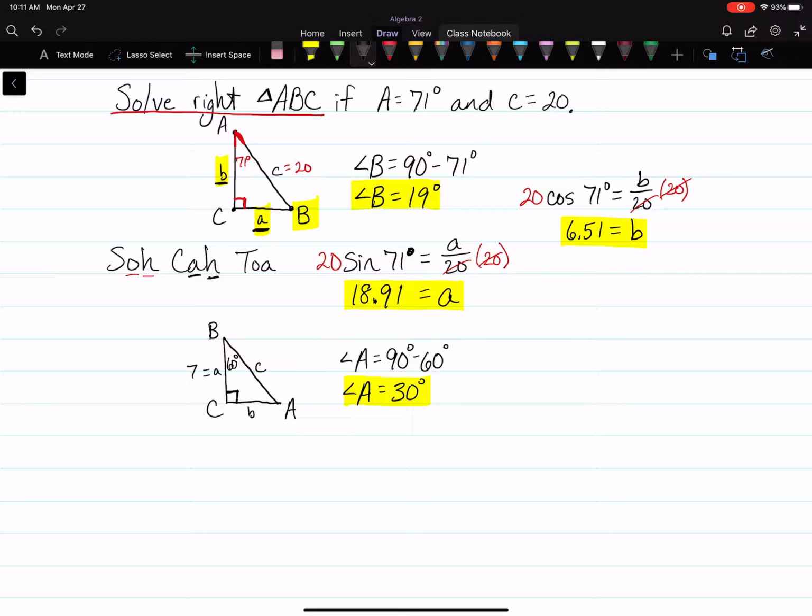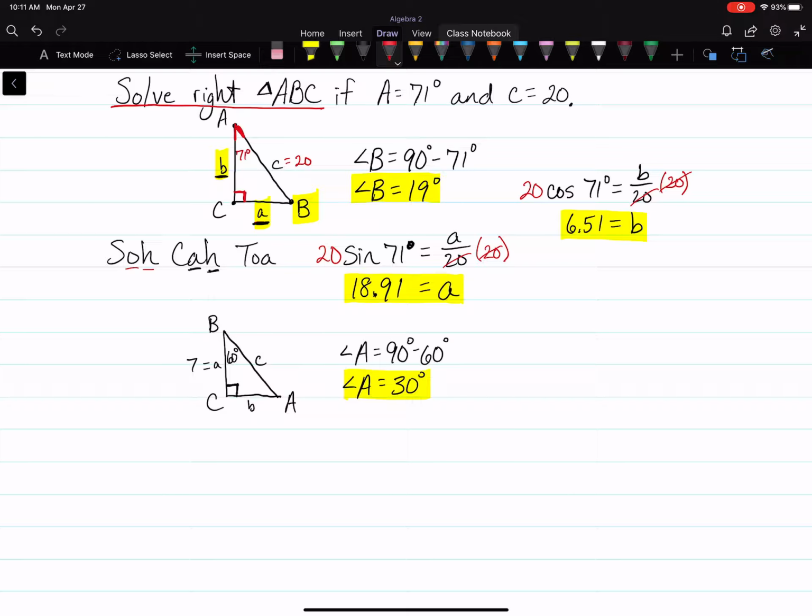So to get side B, it is opposite the 60 degrees. And I know side A, which is adjacent to 60 degrees. So I look up here at SOHCAHTOA, what uses the opposite side and the adjacent side? And it is tangent.